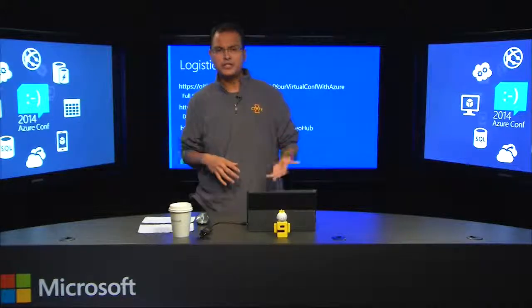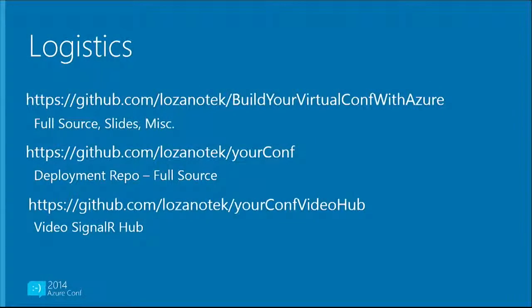Again, here are the logistics for where the code lives. The first URL is where the slides and the code samples are all together. It's out there, so you can download it, clone it, and do whatever you need to it. The YourConf URL, which is the middle one, is where I went from demo 1, demo 2, demo 3, all the Git things that I was doing. That's all there. So if you want to replay all of that side by side while watching this session, please feel free to do so.